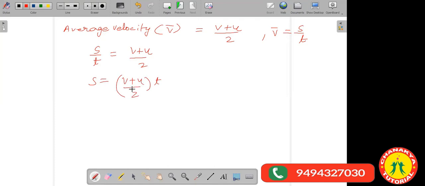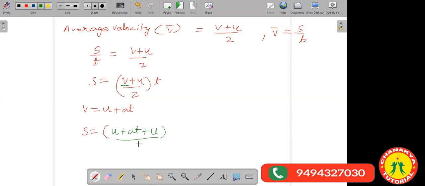Now here, if we use the first equation of motion, our first equation of motion says that v is equal to u plus at. So putting the value of v in this expression, we can get s equals u plus at. So see what we have done. We are substituting this v with u plus at. So in place of v, we are writing u plus at. And what is S? S is displacement.